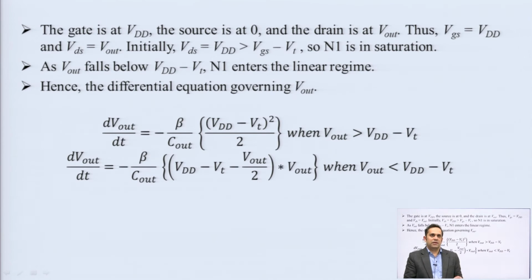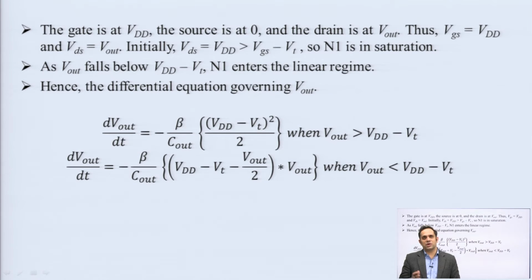Now, the gate is at VDD, the source is at 0, the drain is at V out; we are talking about the transistors connected to node B. So, VGS is equal to VDD, and VDS is equal to V out.